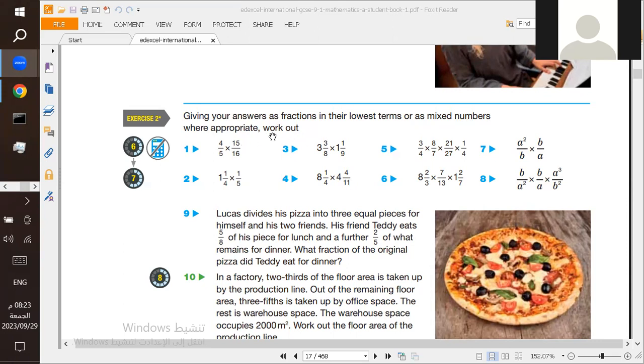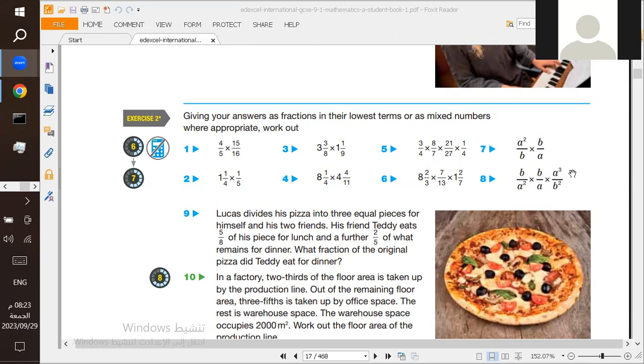If the final answer is an improper fraction, you must make it a mixed number. Multiply the numerators, multiply the denominators, and then simplify. With mixed numbers, make them improper first. Same idea with all of these.